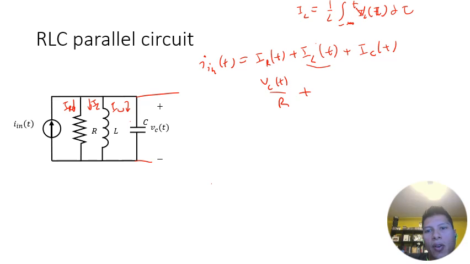Okay, and so remember that V_L is actually equal to V_C because they're all exposed to the same voltage. So we're just going to say that this is just 1 over L, the integral from negative infinity to t, and then we are going to plug in here V_C of tau d tau.